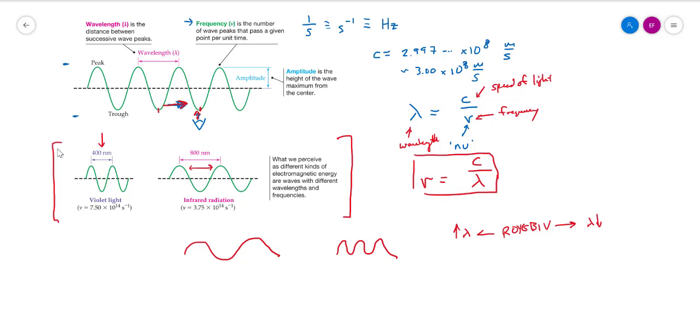You'd say this one has a shorter wavelength, so it's a bluer type of light, and this would be a redder type of light, just relative to each other.